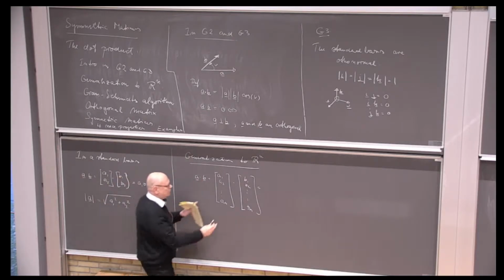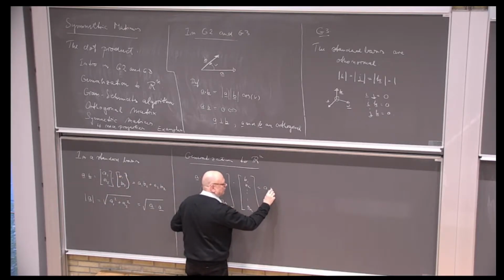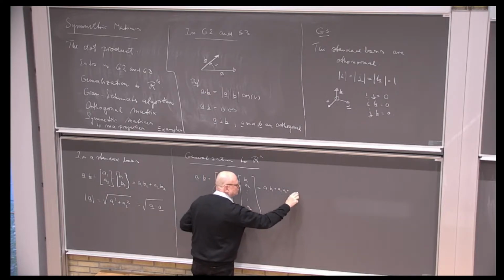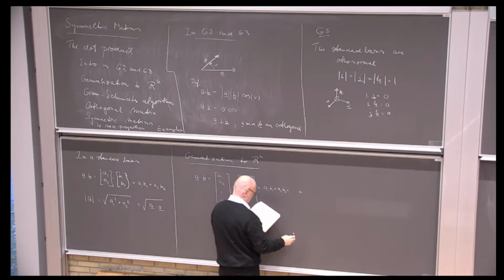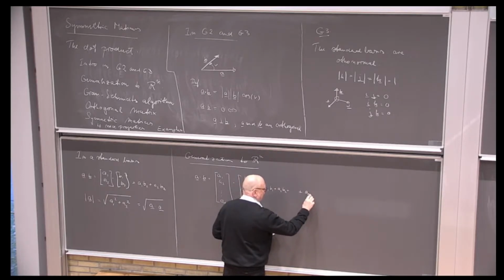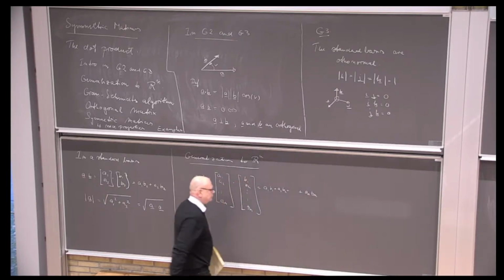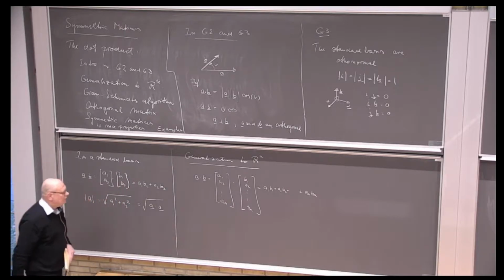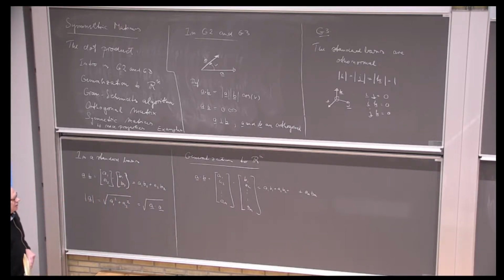And it is equal to A1 B1 plus A2 B2 plus up to An Bn. So this is the dot product in Rn.